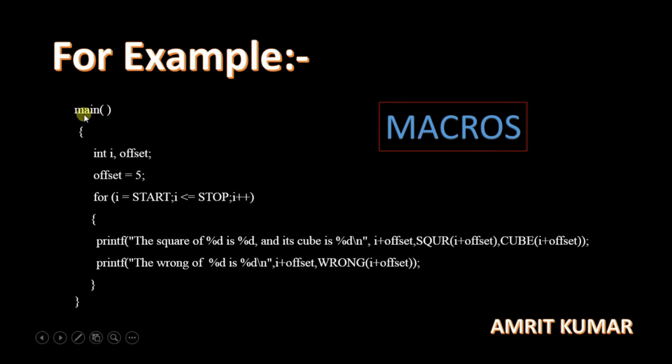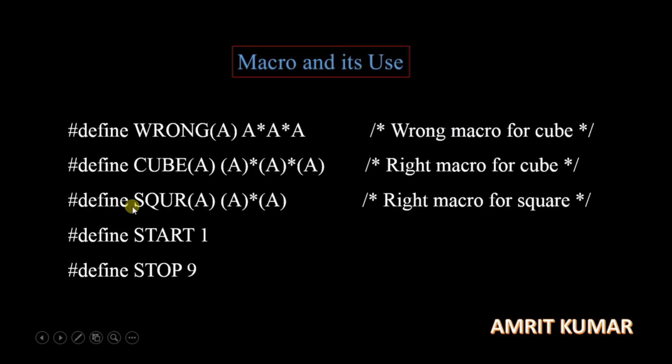Then you open the main function here, and I am using two variables, i and offset. Both are of integer data type, and offset contains 5. I am using the macros that I declared here, START 1 and STOP 9.